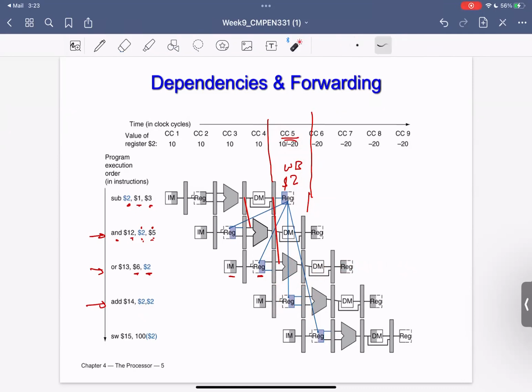Why? Because, as we mentioned, in this clock cycle we write or update register number 2 at the rising edge, as an example, and then read at the falling edge. So I have updated it here in the first half, and I will read it in the second half.